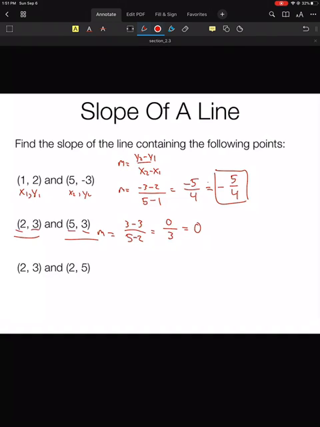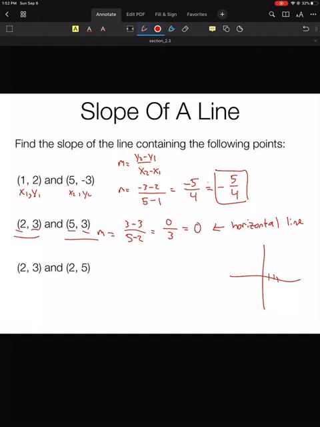So the slope of the line containing these 2 points is 0. When the slope is 0, that's called a horizontal line.